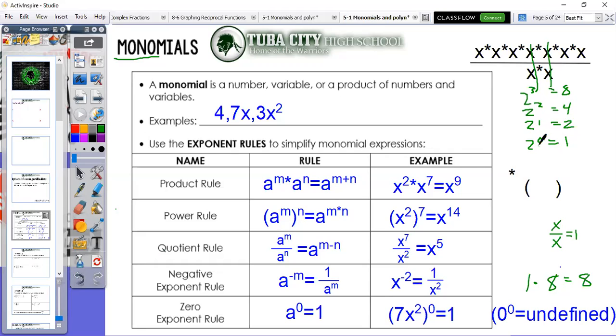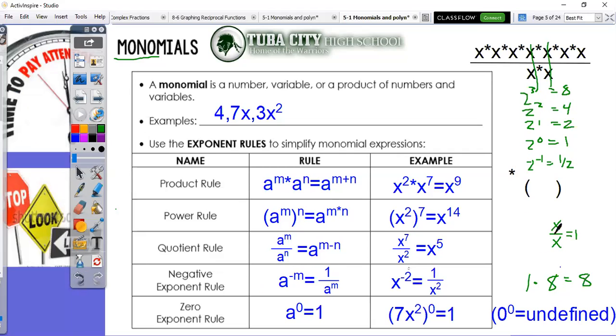So everything always comes out like this. Now, if I keep going with integers, 3, 2, 1, 0, the next one should be negative 1. Take 1, divide that in half, and you get 1/2.